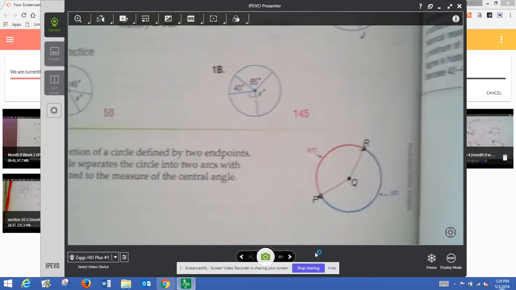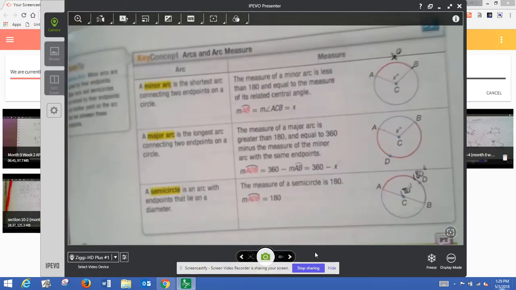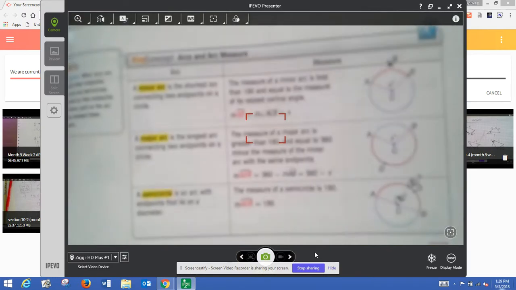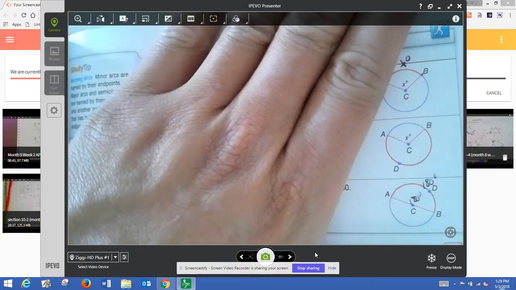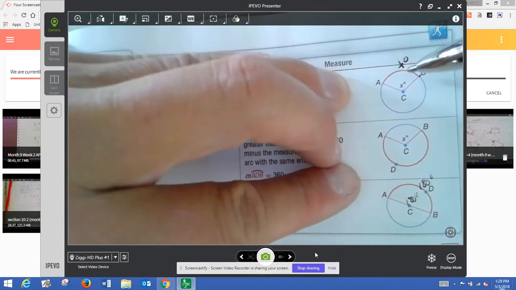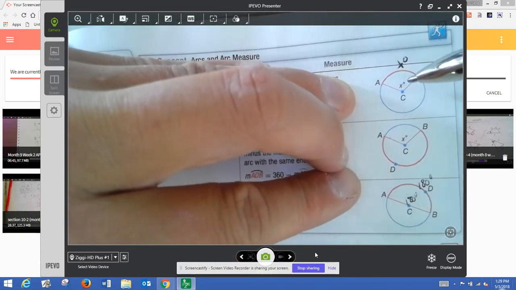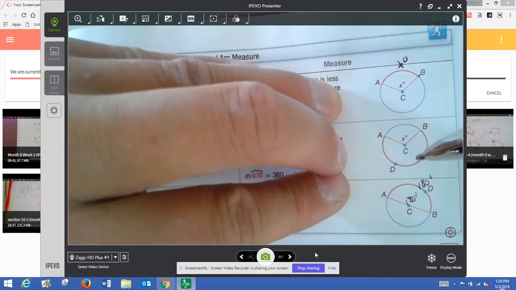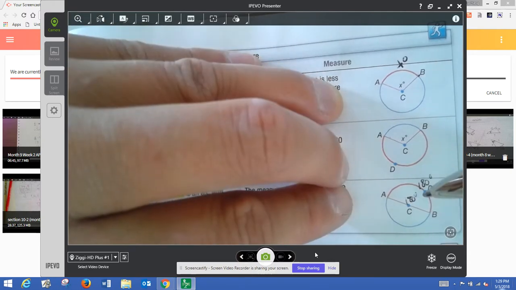I would just leave it at that. And then let's go ahead and look at the three different types of arcs. How would you describe these three arcs? This is called a minor arc, this is called a major arc, and this is called a semicircle.